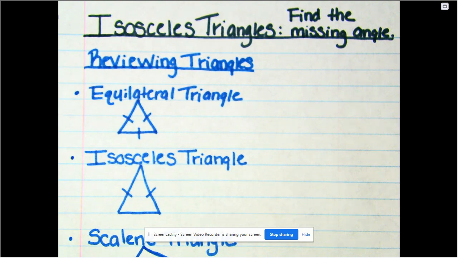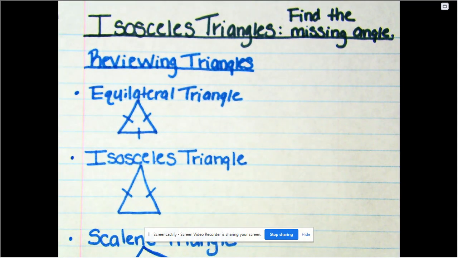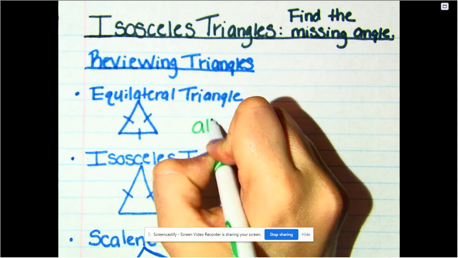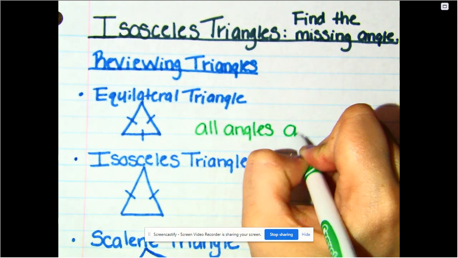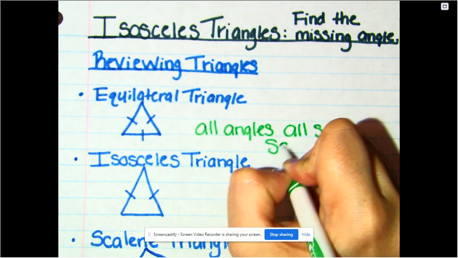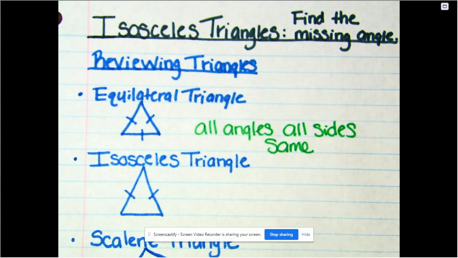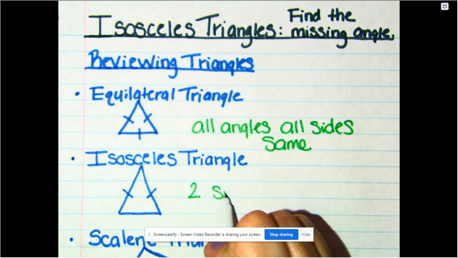So an equilateral triangle happens to have all three sides the same, which is why you see the dashes on the side lengths. So with an equilateral triangle, you have all angles, all sides the same. Okay, with an isosceles triangle, you have two sides, two angles the same.